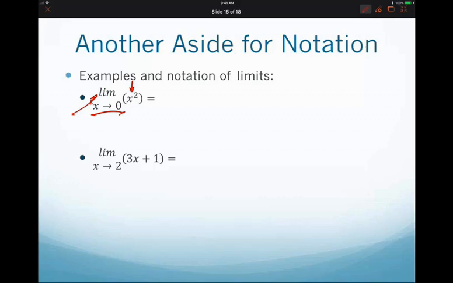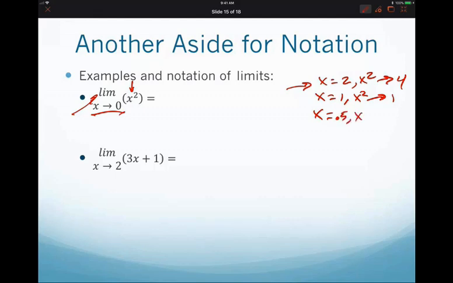So you can actually try it out over here. Let's say x is equal to 2. Well, we know x squared then is equal to 4. Let's set x equal to 1. Well, x squared in that case is equal to 1. Let's set x equal to 0.5. So we're getting smaller and smaller.